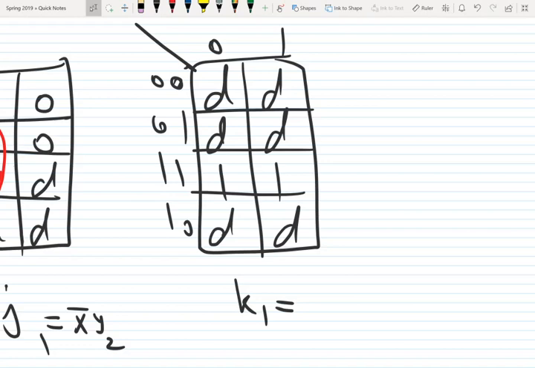That is correct, but it's not the best answer, it can be simplified more. The best answer is, let's consider all of these ones, and group all of them together. So K1 is equal to 1 because they all are D's and ones.